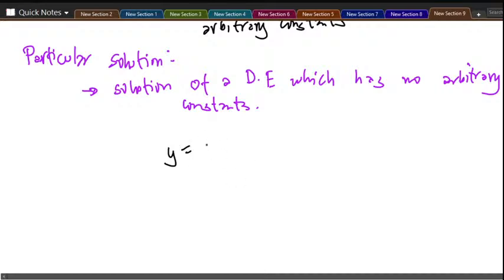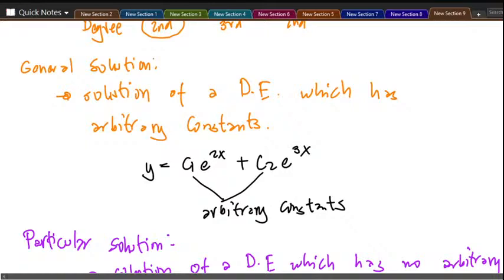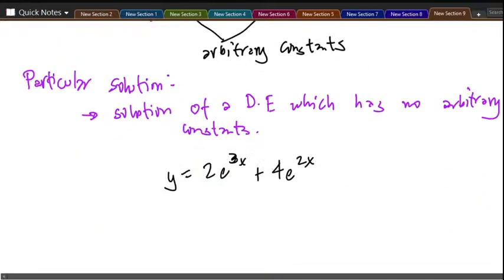So we have 2e to the 3x plus 4e to the 2x. In this equation we don't have any arbitrary constants such as c1, c2, etc. So this is what we call a particular solution. That is the definition of general and particular solution.